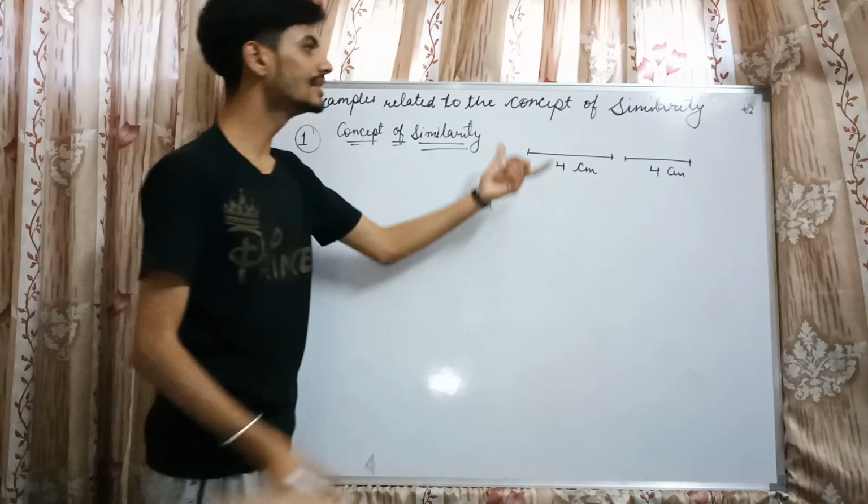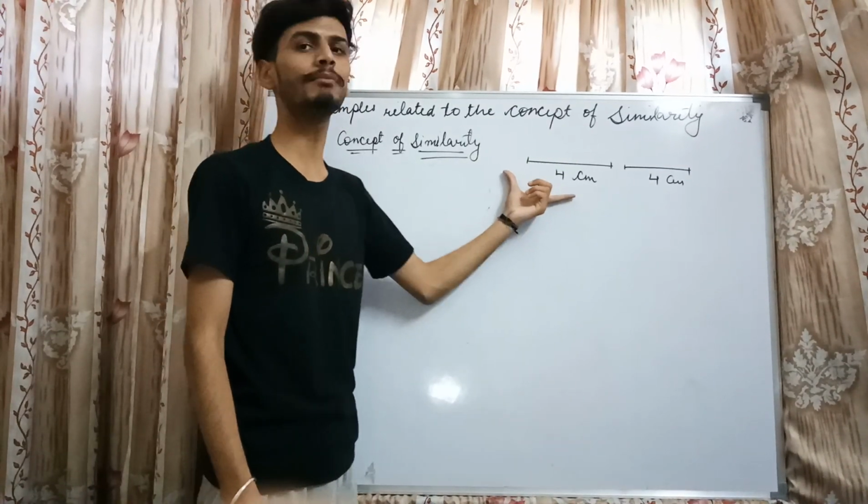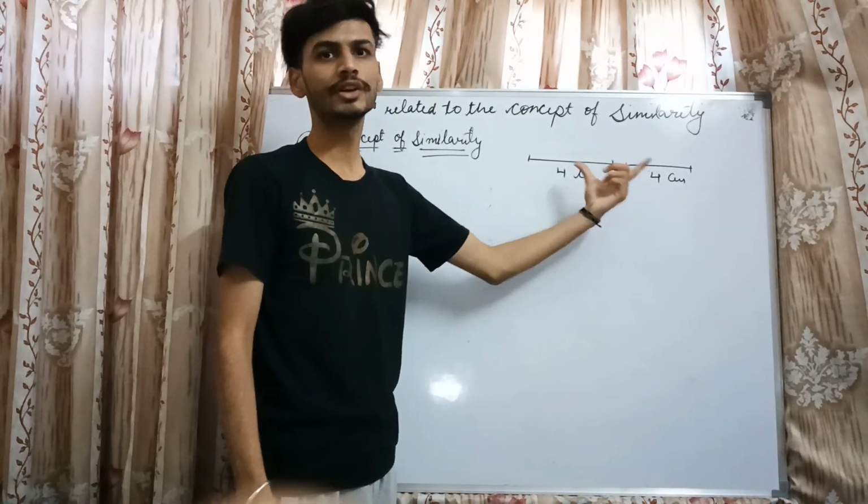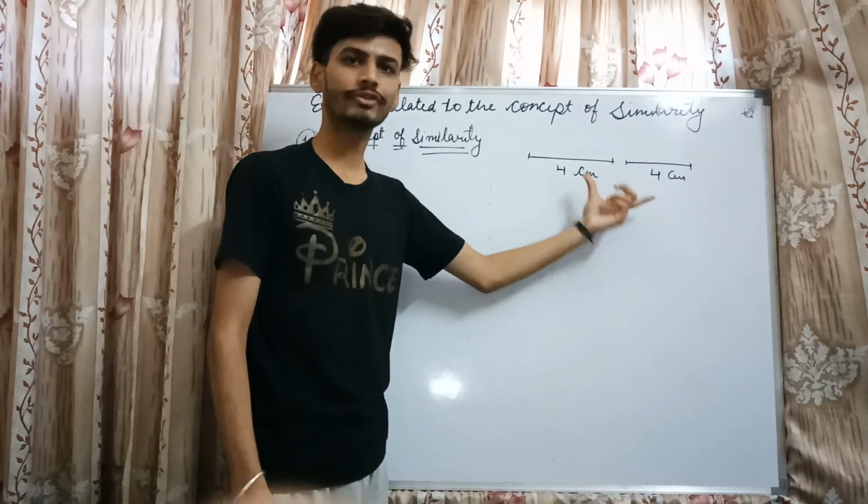So these are the common shapes and these are with the same length. So these line segments are congruent.